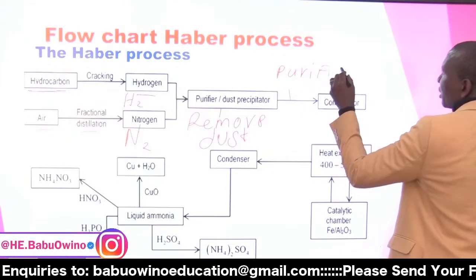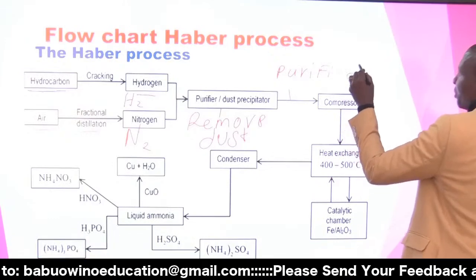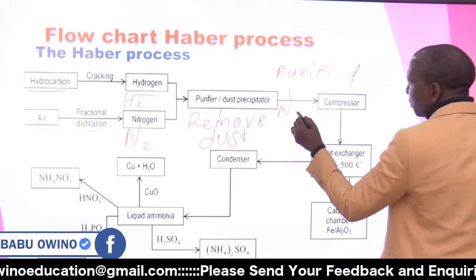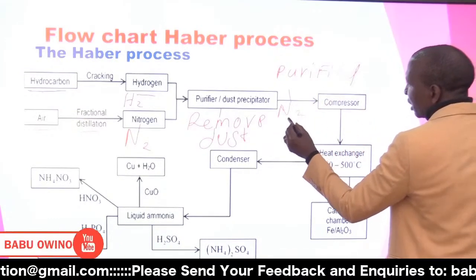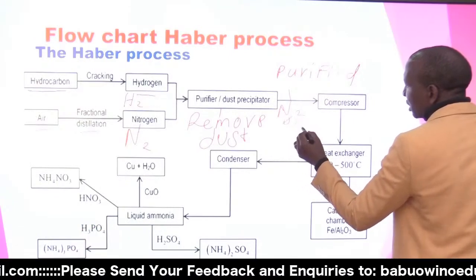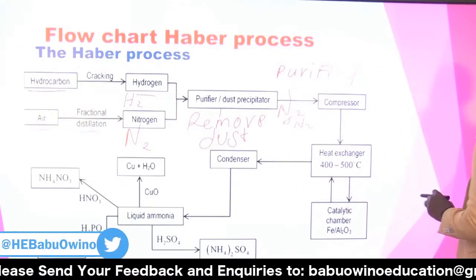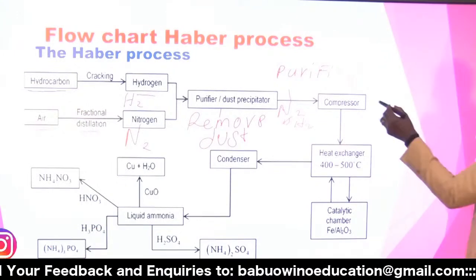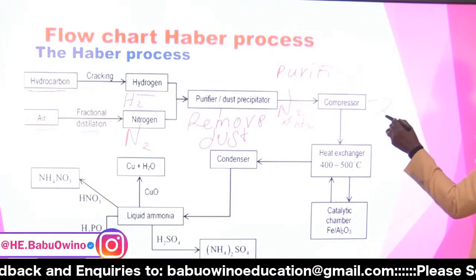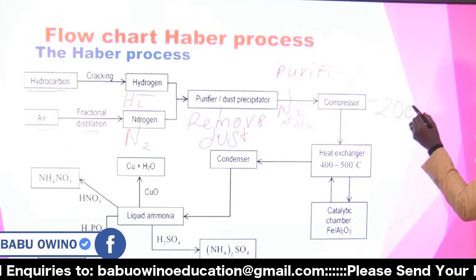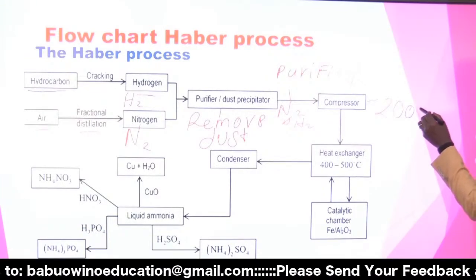So we now have purified nitrogen and hydrogen. Once they are purified, they are taken to the compressor. At the compressor, they are compressed to around 200 to 500.